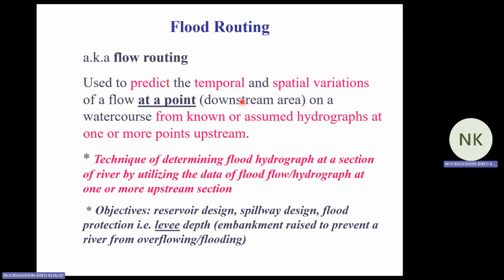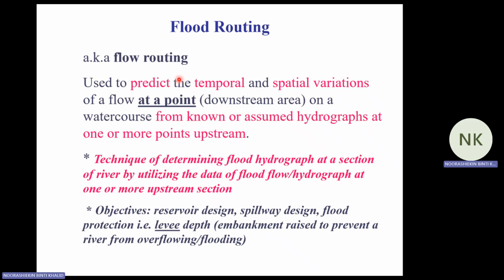So what is flood routing? Flood routing is also known as flow routing. In this topic, it is used to predict temporal and spatial variations at any point of the downstream area.